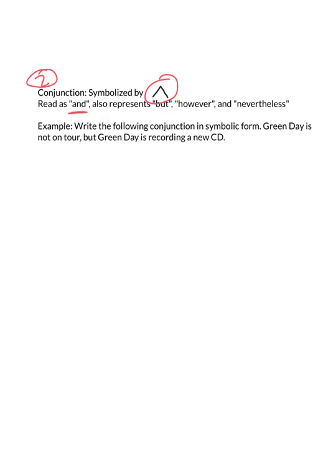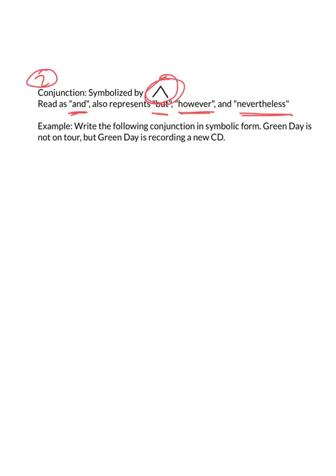It also represents the words "but," "however," and "nevertheless." So whenever you're switching from English language to symbols and you see the word "and," "but," "however," "nevertheless," any of those four words are all a type of conjunction, so you can swap them out with this up arrow.